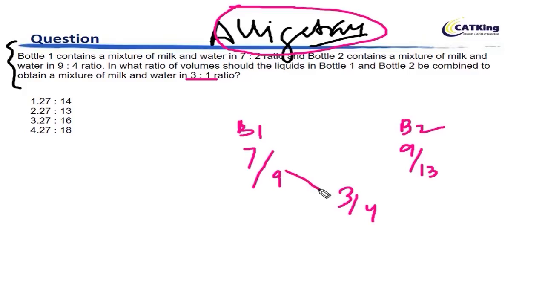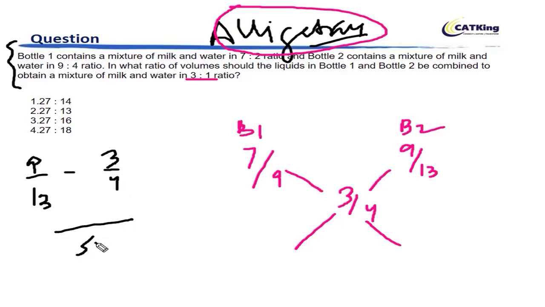So now we just take alligation here. What do we do here? Take the difference with 9/13. So 9/13 minus 3/4, this becomes 36 over 52 and this is 39 over 52. So 9/13 is lesser, 3/4 is more than 9/13.